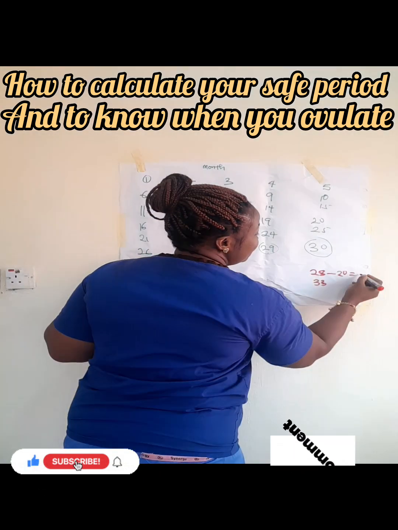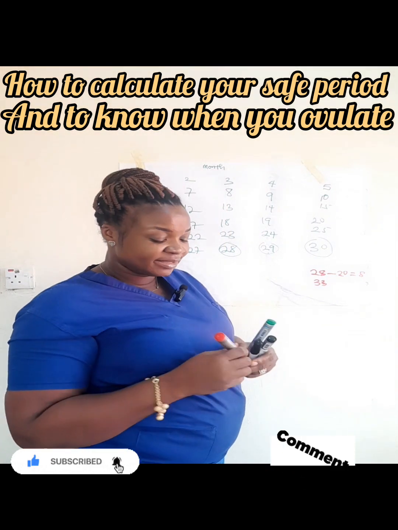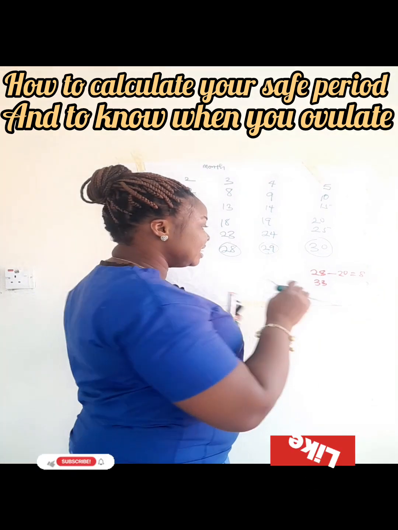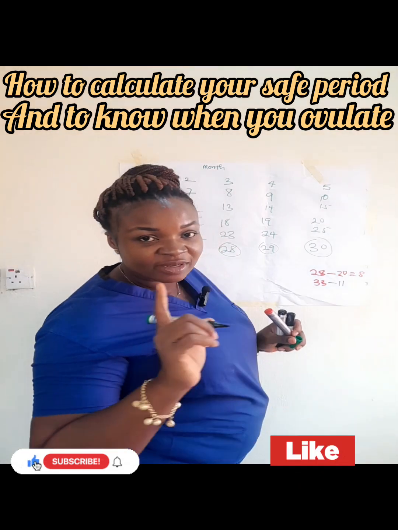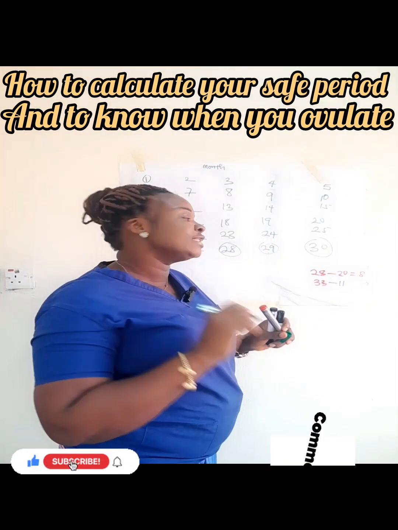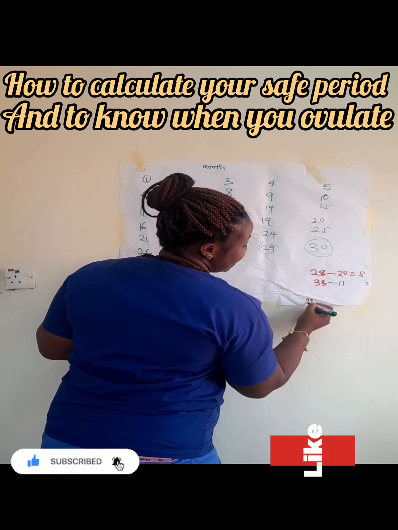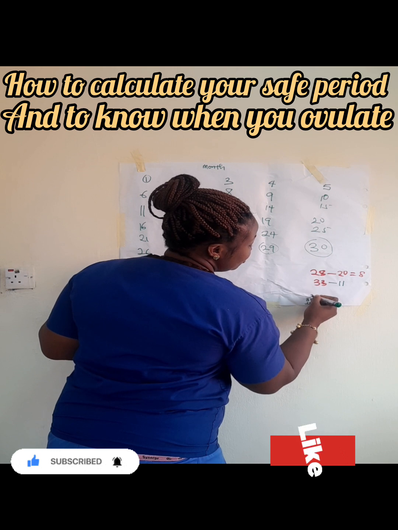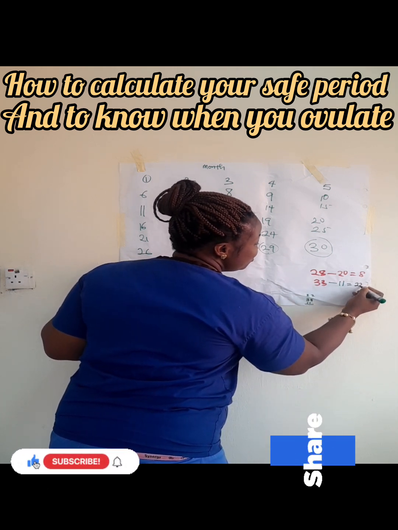You have 8. Now get your longest cycle length. And let's assume that your longest cycle length is 33. Minus 11 from your longest cycle length. 33 minus 11, let's do it. 3 minus 1 is 2, 3 minus 1 is 2, 22. We have 22.